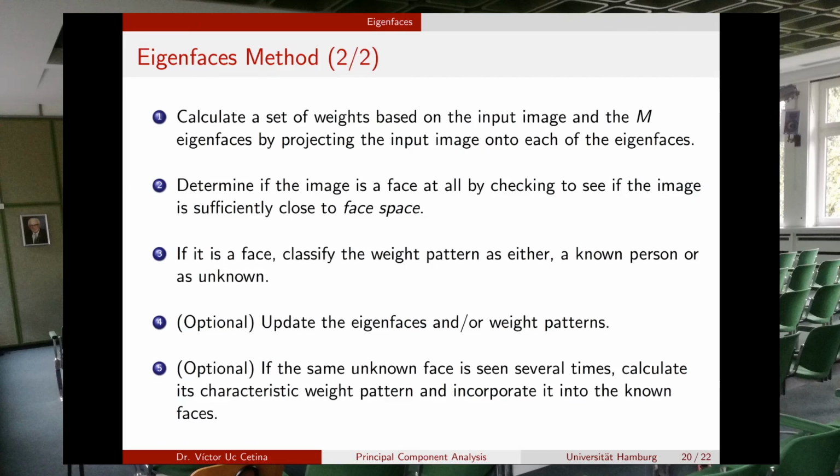In the case of recognition, you want to be able to compute very fast the distance between each of the images in your dataset and the input image that you want to classify.